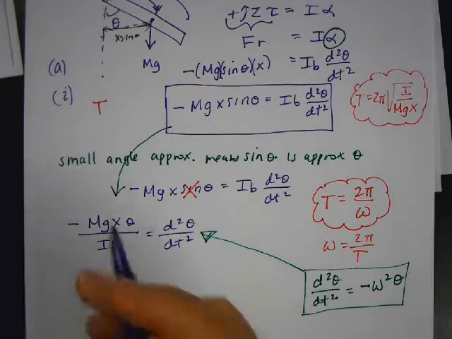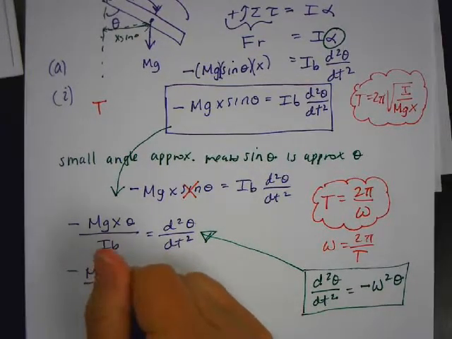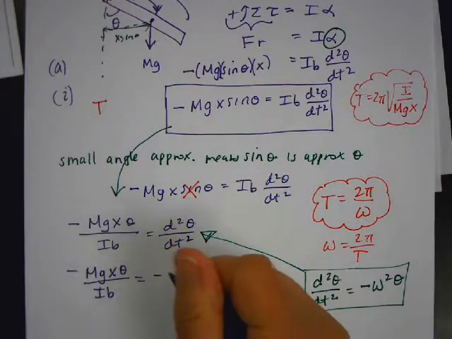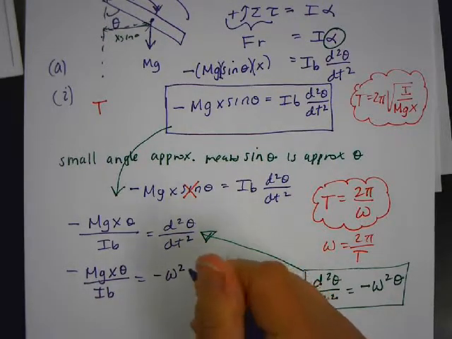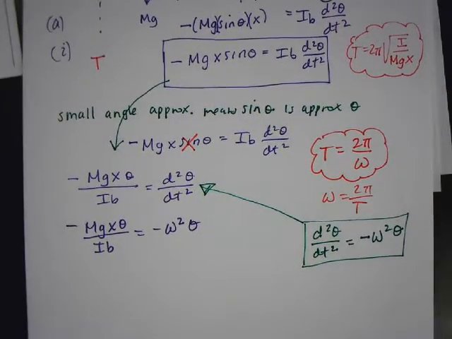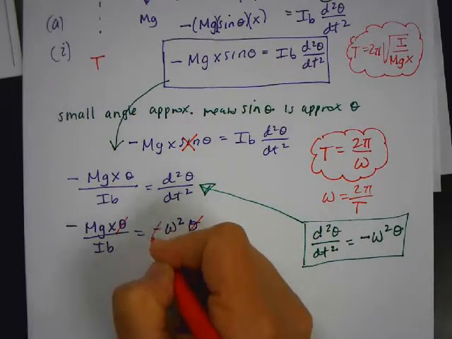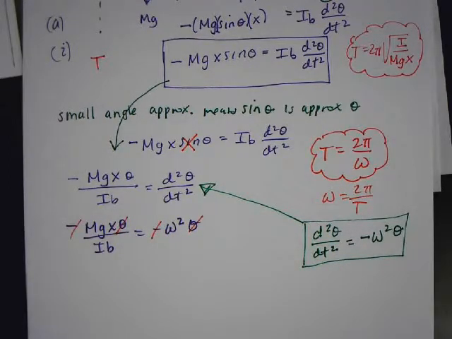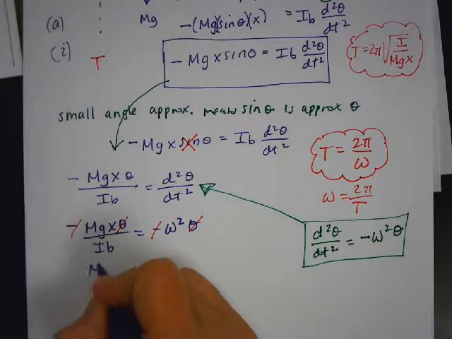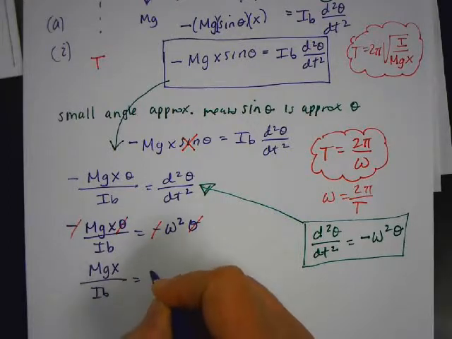So minus mgx theta over I sub b is equal to negative omega squared theta. Before I even go on, because I still don't have my period, both quantities have a theta, so let me get rid of that. There's an x on both, a negative, let me get rid of that. So I'm simplifying as I go along. So now I have mgx over I sub b is equal to omega squared.